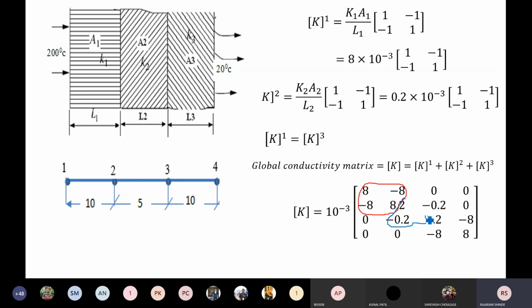Now for the third element, this will start from this location. For element number 3 it is 8, minus 8, minus 8, 8. For element number 2 it is 0.2, minus 0.2, minus 0.2, and 0.2.